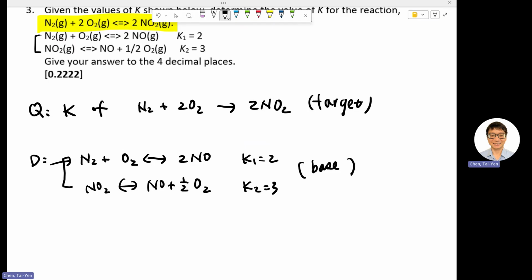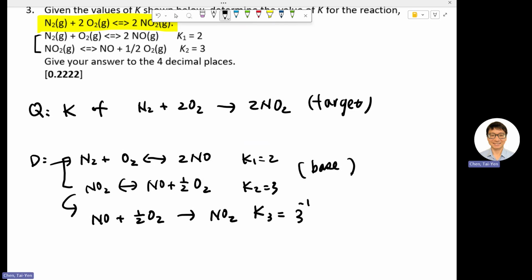Don't flip it. Okay. How about the second one? It does, right? So you need to first do this. It becomes NO plus half of O2, they give you NO2. Then I call this K3. K3 will have a value of this, right? Because it's a flipped reaction, the new K will be 3 to the -1 power, right?